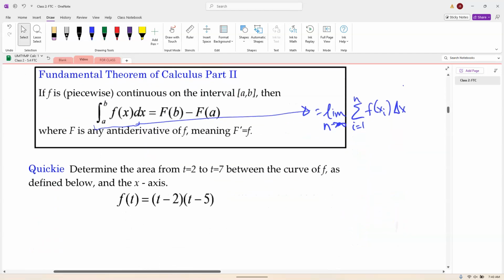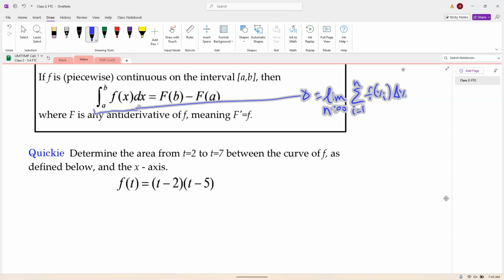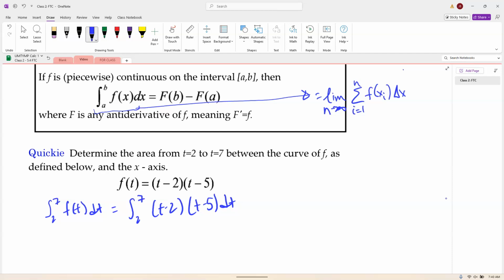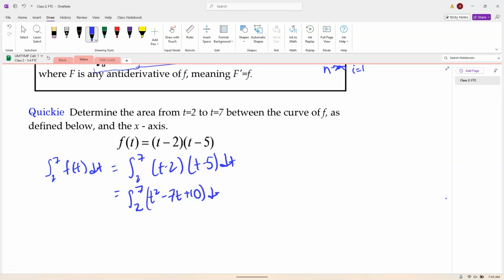From this, we know how to find the area from 2 to 7 under this curve. In terms of notation, it would be the integral from 2 to 7 of f of t dt, which we calculate by substituting everything in: t minus 2, t minus 5, dt. We need to find an antiderivative, and the best way is to expand it out fully. From 2 to 7, I get t squared minus 7t plus 10 dt.